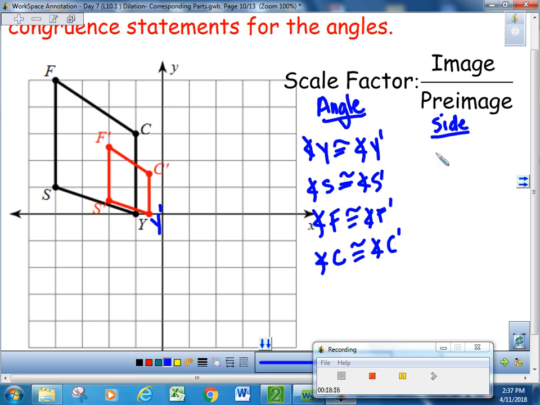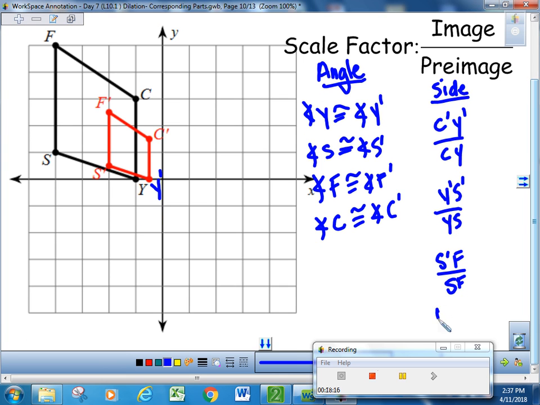Side lengths, C prime Y prime over CY. Y prime S prime over YS. S prime F prime over SF. And F prime C prime over FC.